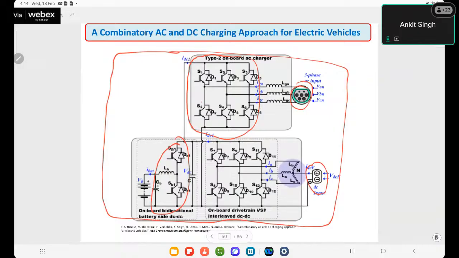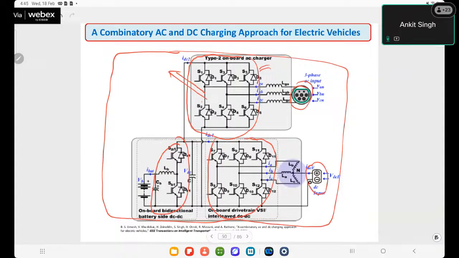If we want to increase the charging power through the grid, the rating of the additional converter should be increased according to the charging power level. Since we are placing it inside the vehicle, we cannot increase the power rating of this converter.